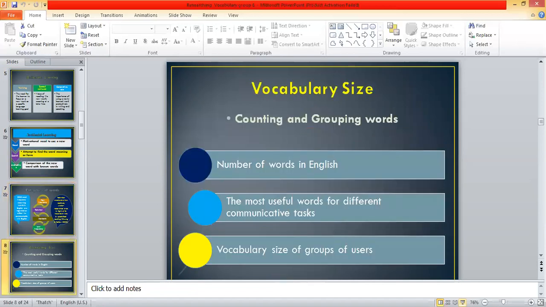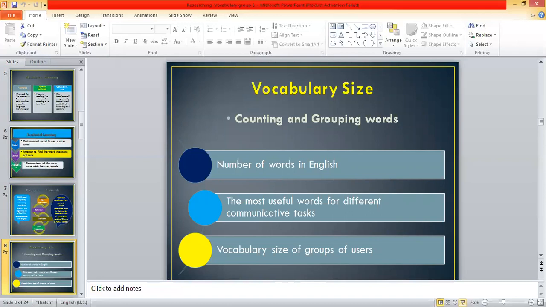The next one is all about vocabulary size: counting and grouping words. This is usually the number of words in English, how many words there are, the most useful words for different communicative tasks, or the vocabulary size of groups of users.